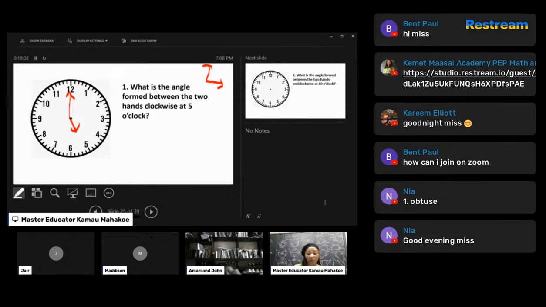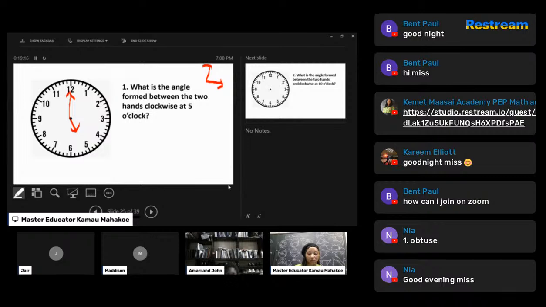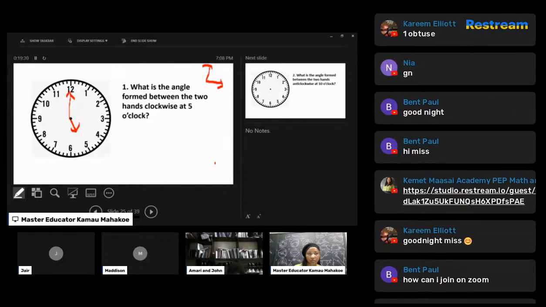Does anyone remember what I said last week? What happens when two rays meet? What is formed? All right, so let me remind you. An obtuse angle is formed, or reflex.